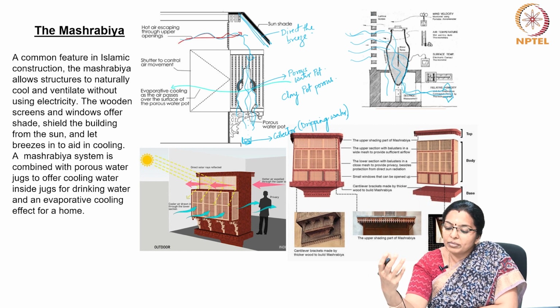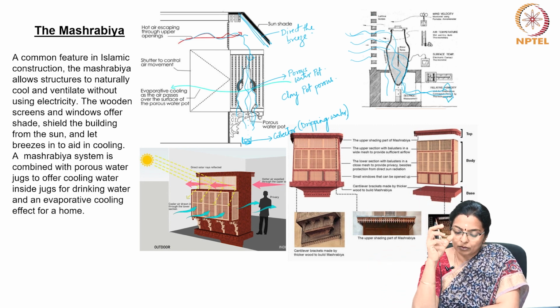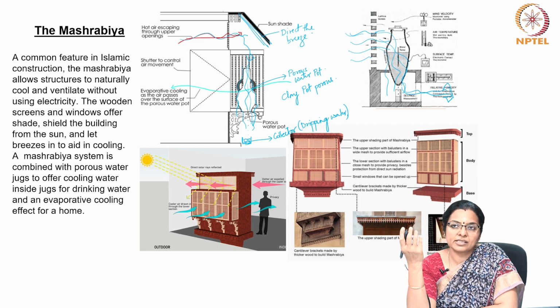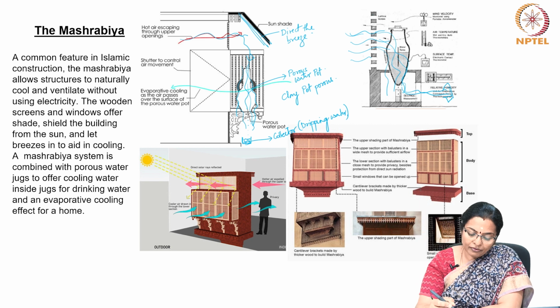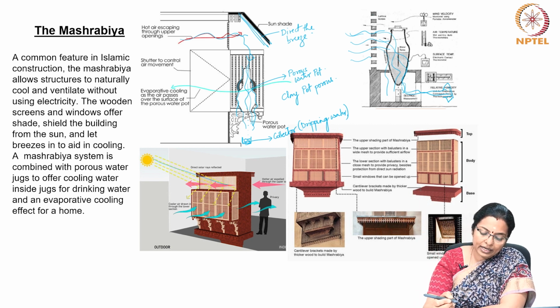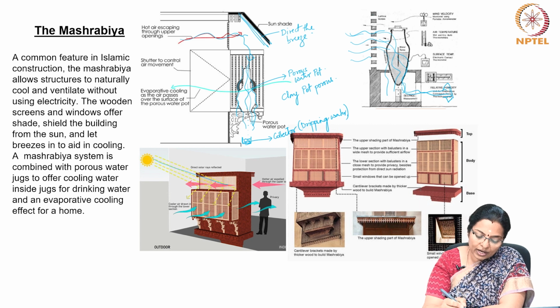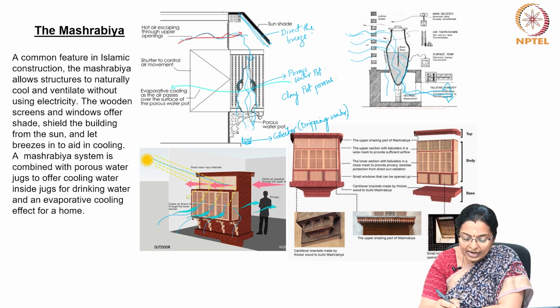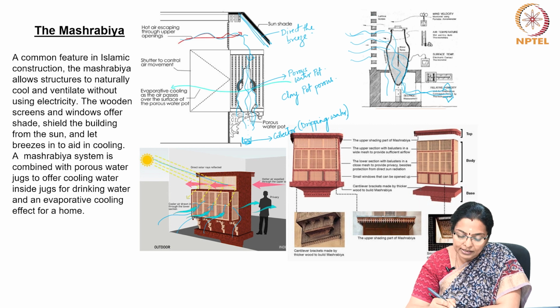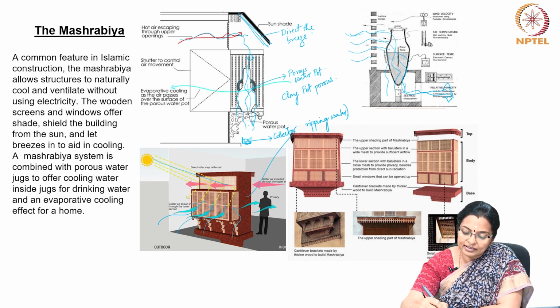So there can be multiple ways in which this system can be used. Effectively, the Mashrabiya looks like this from the outside, where you have the direct solar radiation, and cool air is drawn inside through the grated jali or lattice screens, and what happens behind is actually this.